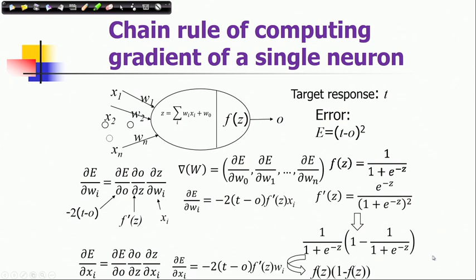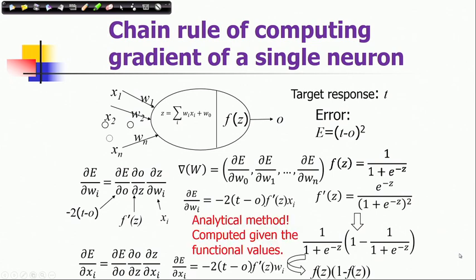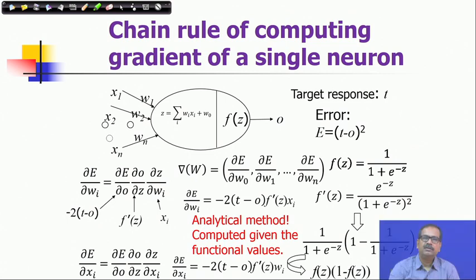So, you will find that the expressions could be considered here. The interesting part here is that the whole computation can be done using analytical methods. So, you do not have to use numerical simulation to compute. Sometimes for a complicated function, we give a change to the input and observe the change in the output, and then use the ratio of those changes as a derivative. But in this case, you can directly compute by giving the values at that point.